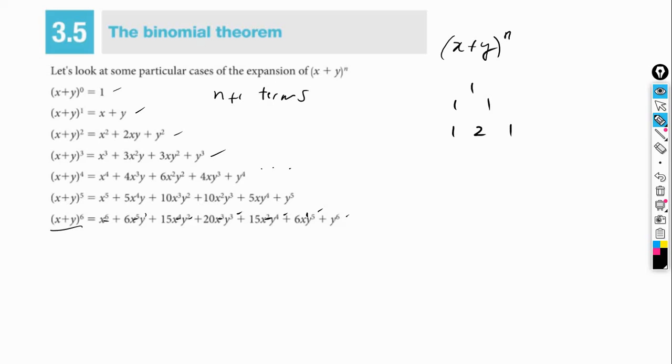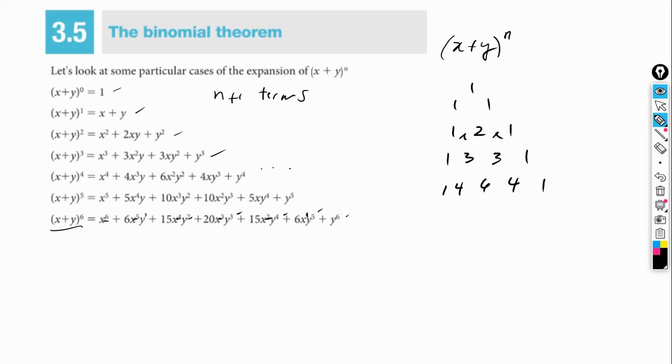Now notice that there's a pattern here. For the third example, where x plus y is cubed, we would get 1, 3, 3, and 1. But notice that that's the same as adding 1 plus 2 and 2 plus 1 and just keeping the outside coefficients as 1. 1, 4, 6, 4, 1.